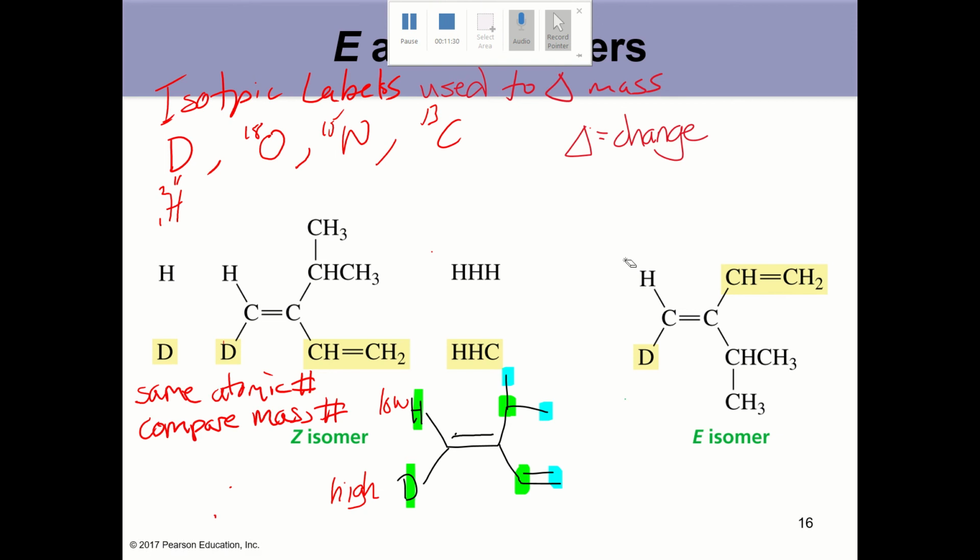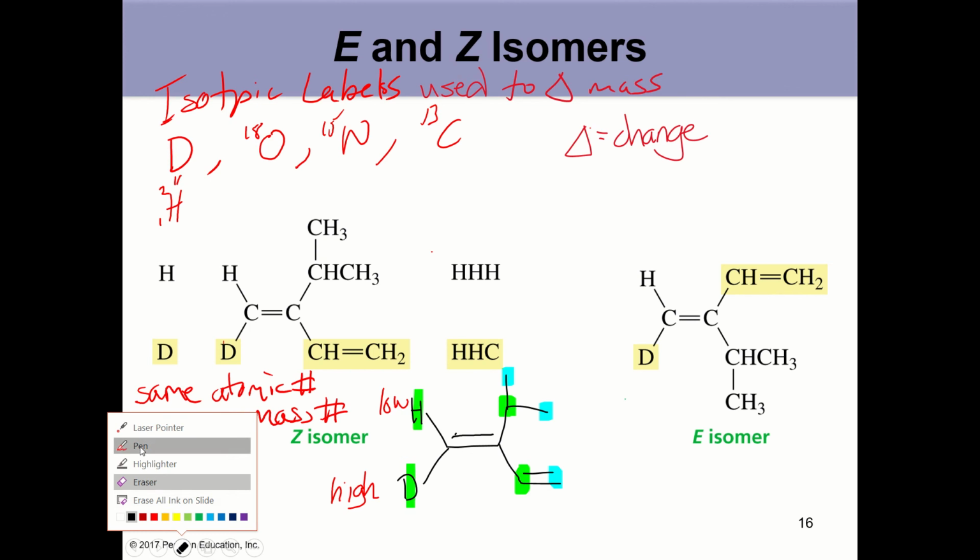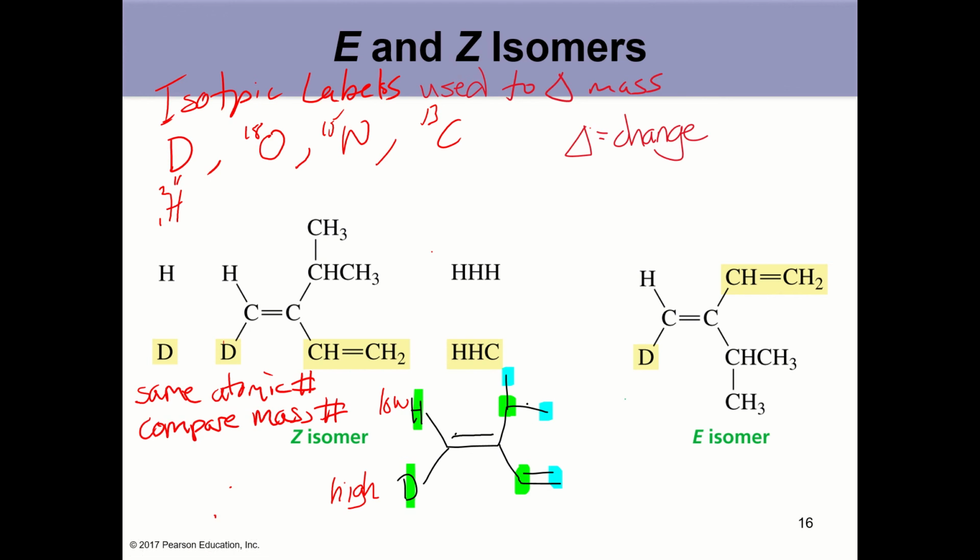All right, so look at the other one. We have our two green carbons. They're equal. They both have the atomic number of 6. Going one further out, we have the blue carbons. They're equal. They have the atomic number of 6. But what are those blue carbons bonded to? They've written that out for us, but I want to point it out myself.